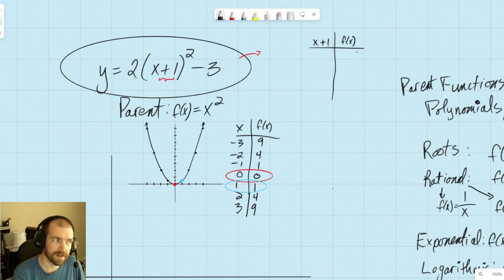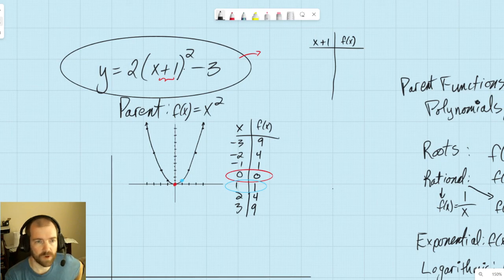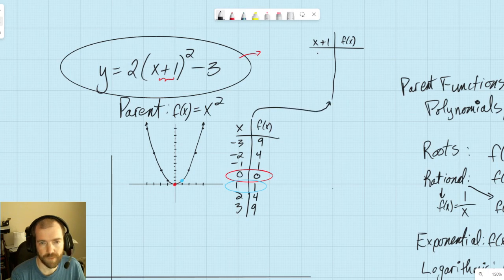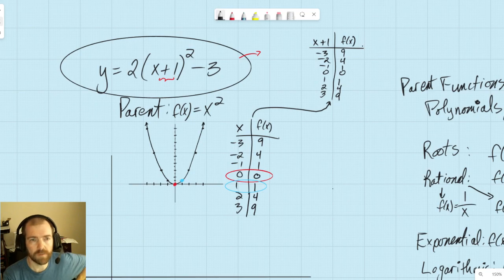But then it's going to change because we've got all this other stuff outside. So x plus 1 is going into the quadratic as -3, -2, -1, 0, 1, 2, and 3. We're getting out 9, 4, 1, 0, 1, 4, 9. Okay.